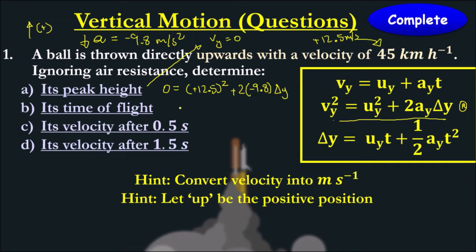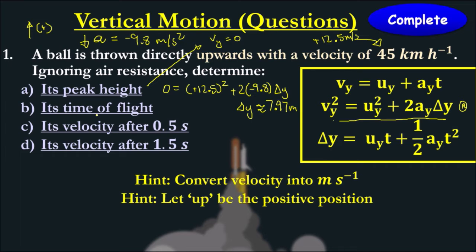If you rearrange it, we'll find that delta y is equal to 7.97 meters roughly. Okay, I get a positive value, which means the peak height is above the launch position, which should make sense. Your peak height can't be below your launch position anyway.